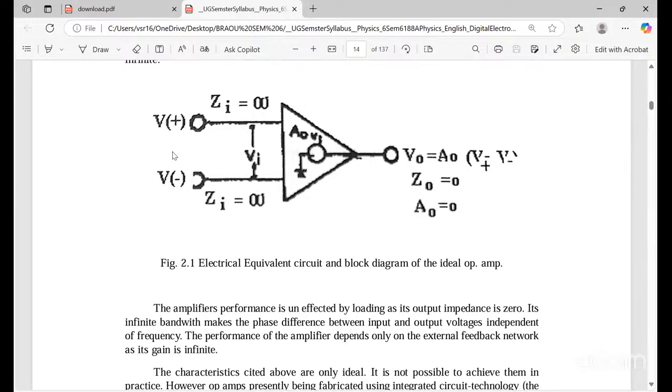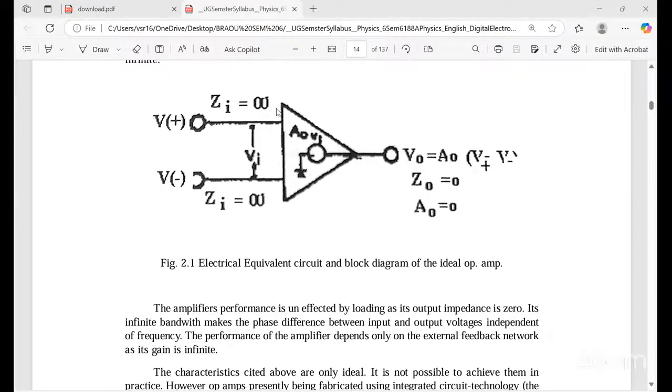Here the difference V plus minus V minus is Vi, and the output voltage V naught equals A naught into (V plus minus V minus).